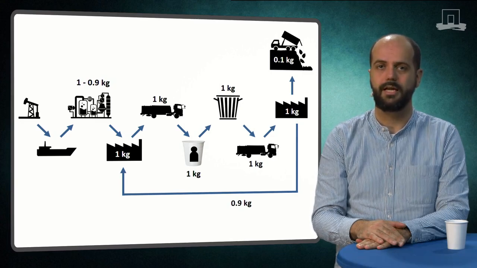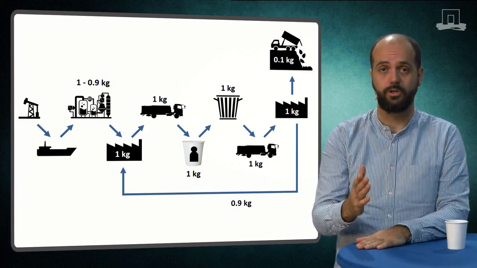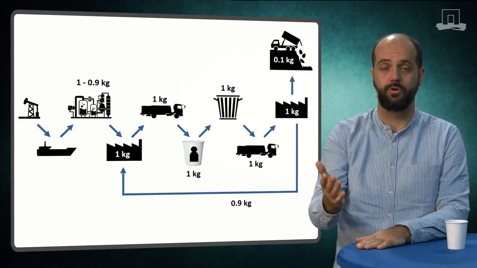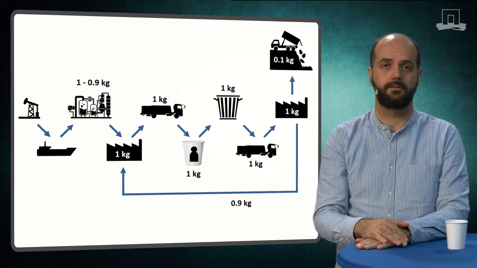In other words, 90% of the original production flows are displaced. The 10% that was not recuperated would end up as disposed waste. This is called the closed loop approximation method, or closed loop recycling method.